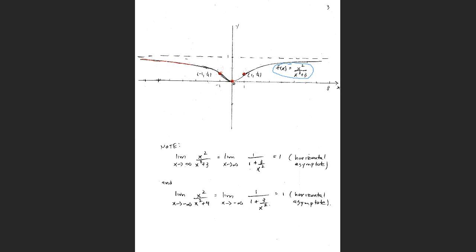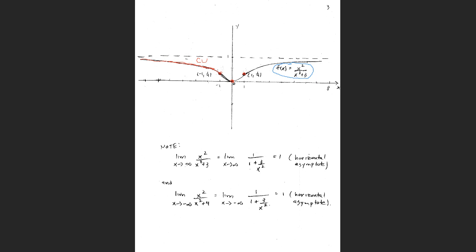The function's decreasing. Okay, it's decreasing. And from -infinity to -1, the function's decreasing and it's concave what? Concave up. Okay, so CU here.